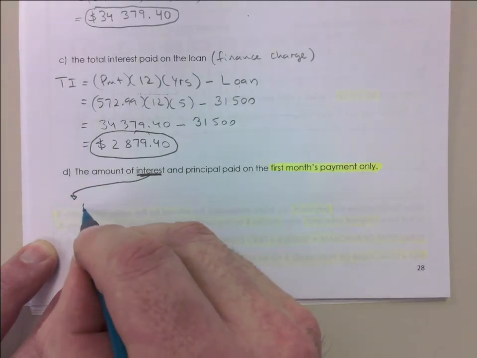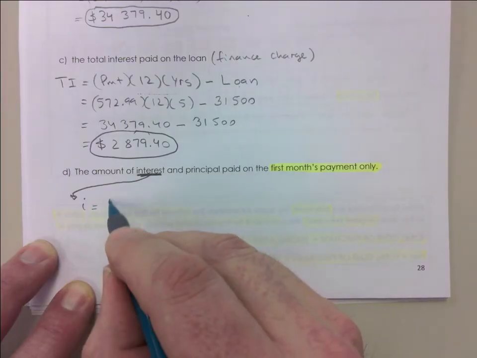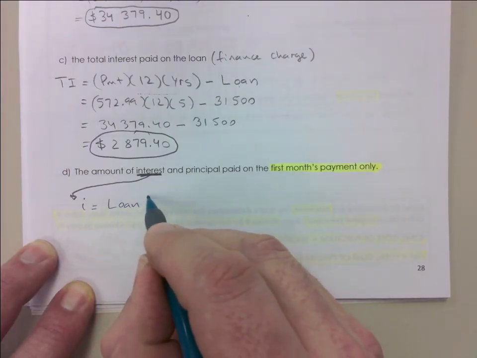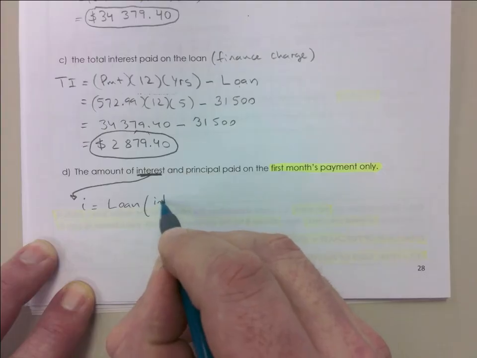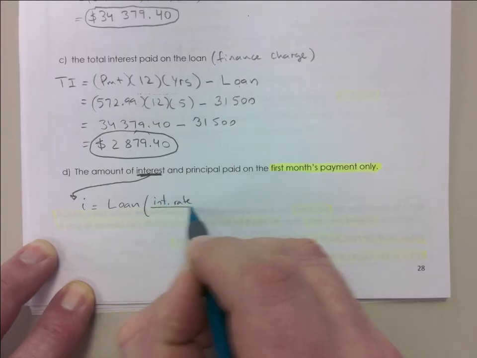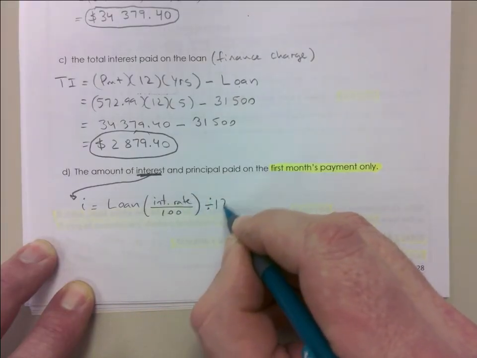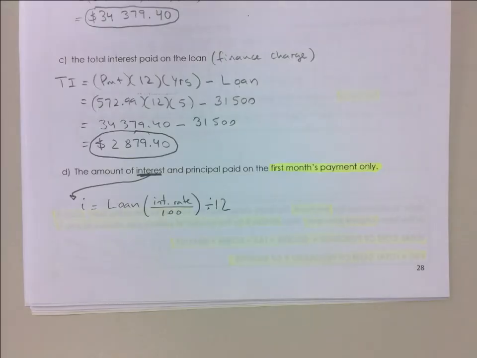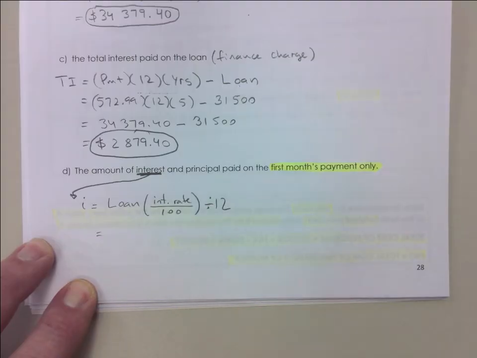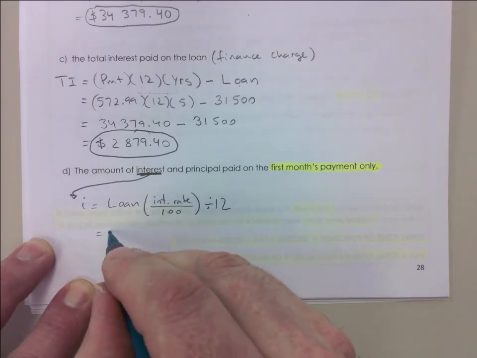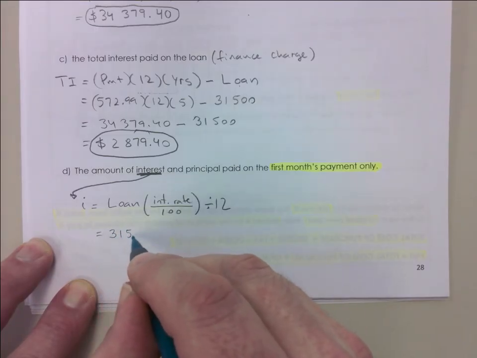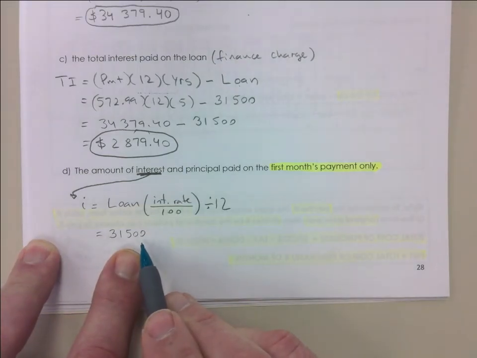That formula is like this: loan times interest rate divided by 100, all of that divided by 12. My loan is the price of the car minus the down payment. Since we didn't have a down payment, it's the 31,500.